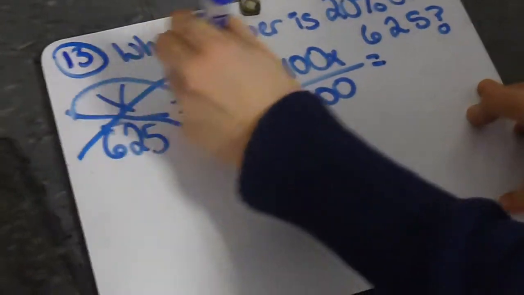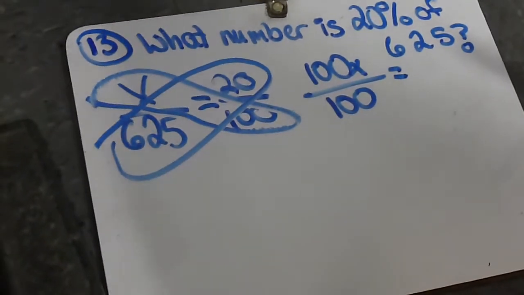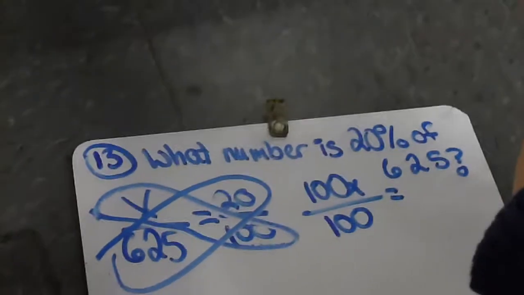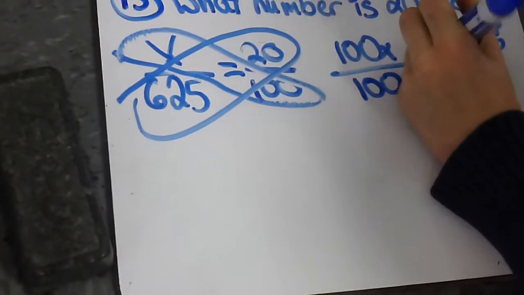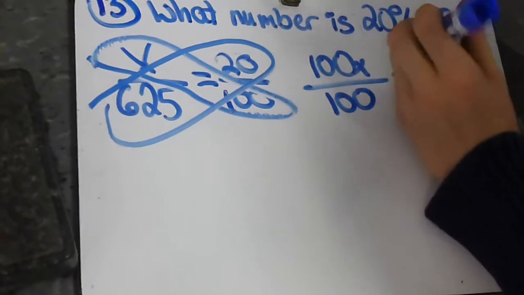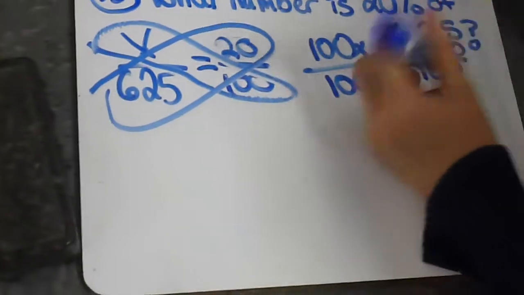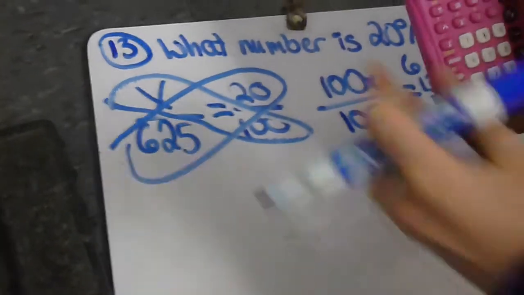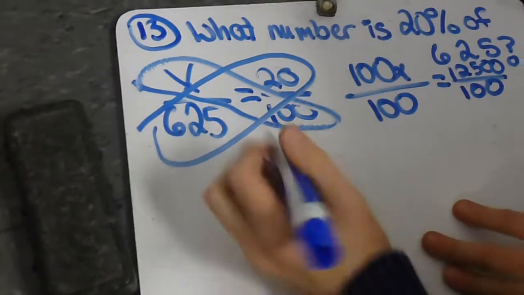and then do 625 times 20, which would equal 12,500, and then over 100, and 12,500 divided by 100 is 125.